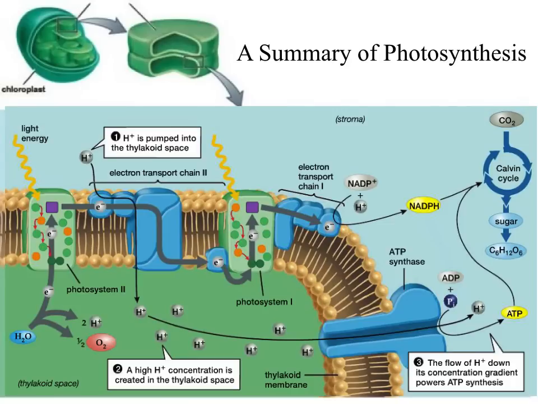The function of chlorophyll is that it can absorb energy from light energy and transfer it to electrons, and so that's how you energize electrons.